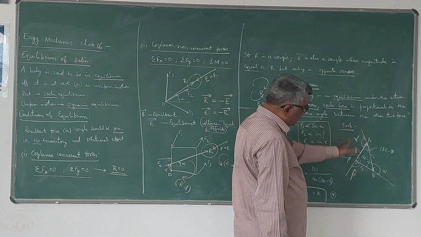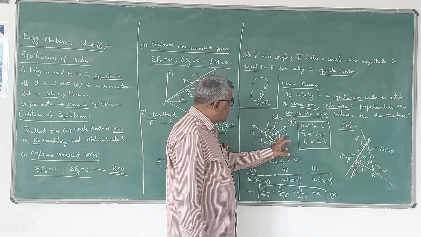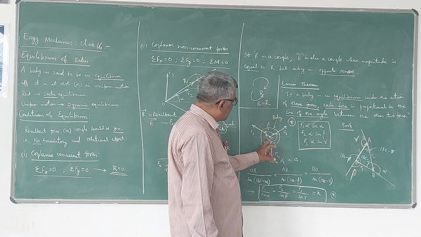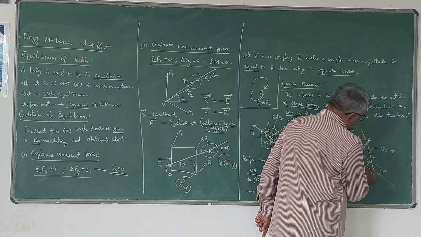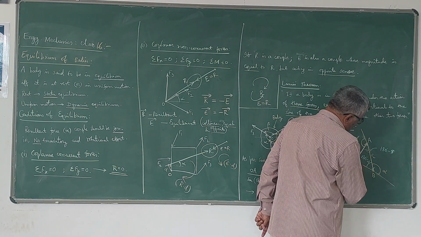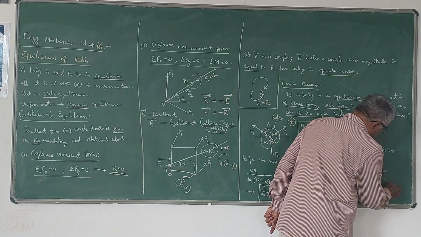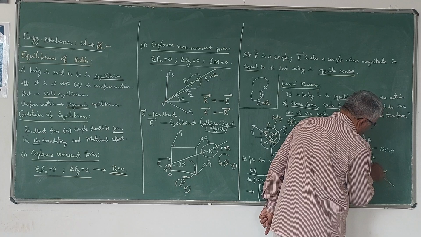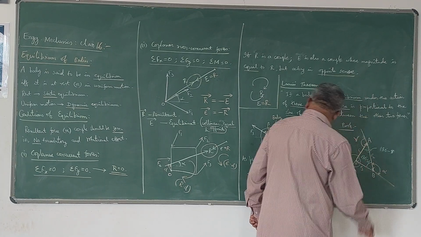Now once you draw the triangle, you can see the angle between F2 and F3. These are the lines of action. Just produce this F3. So the angle between F2 and F3 extended is alpha.